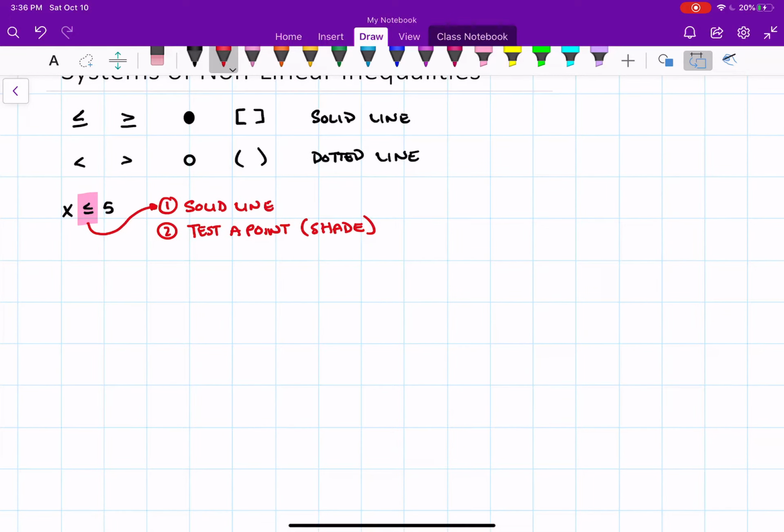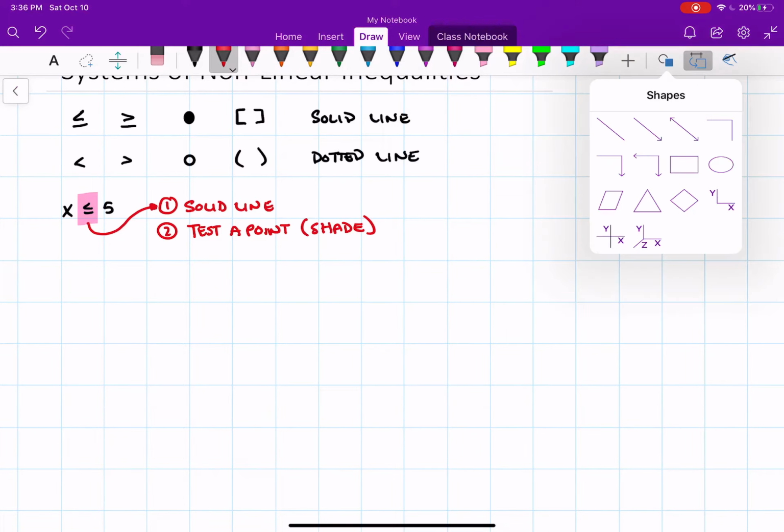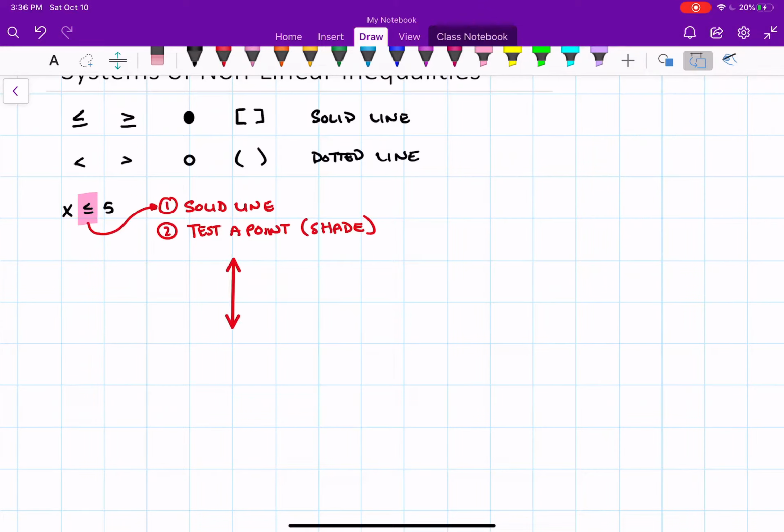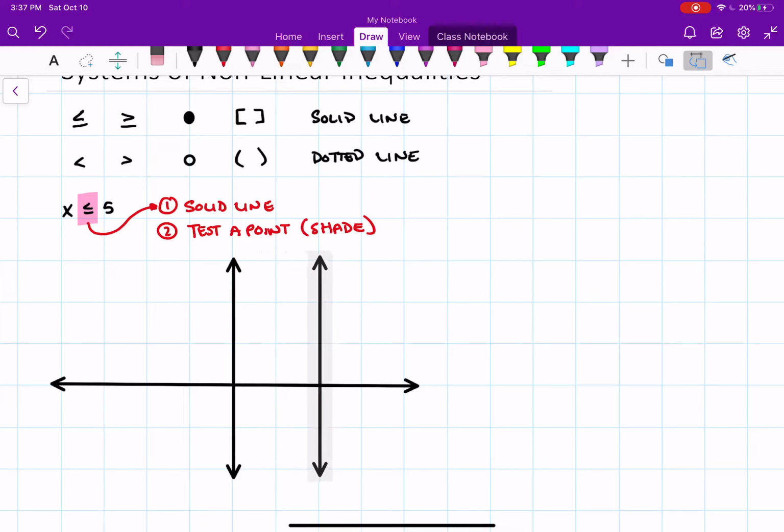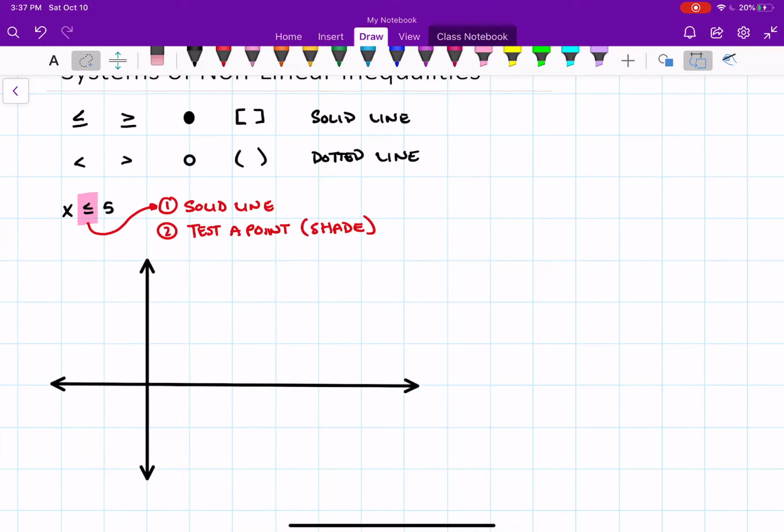So let's say that I have x is less than or equal to 5, and I'm going to have a graph here. Let's draw another one. There we go.